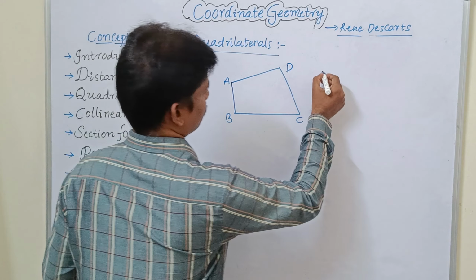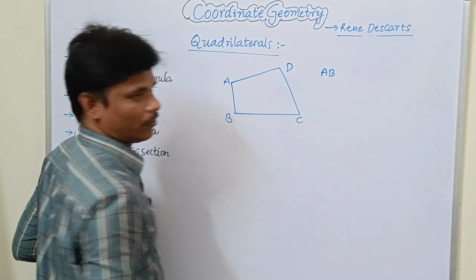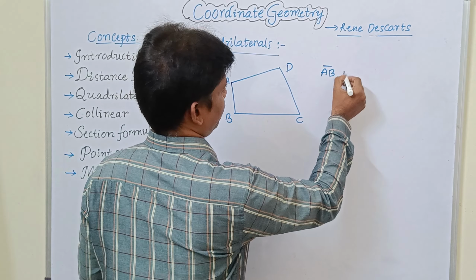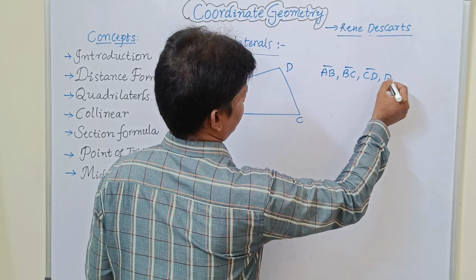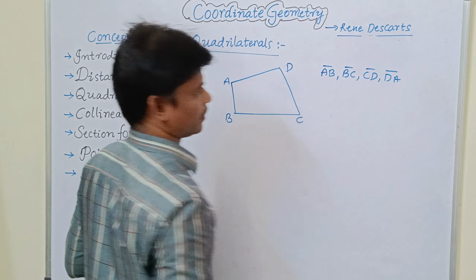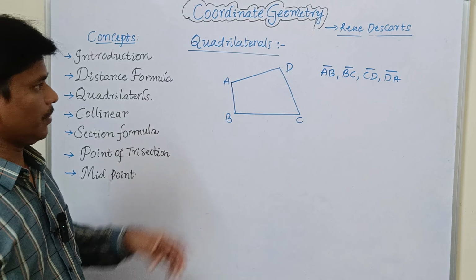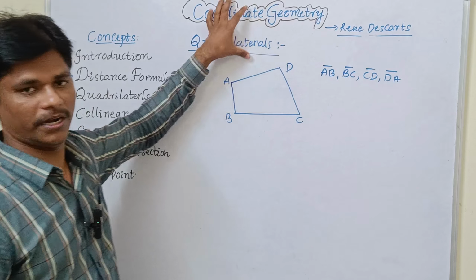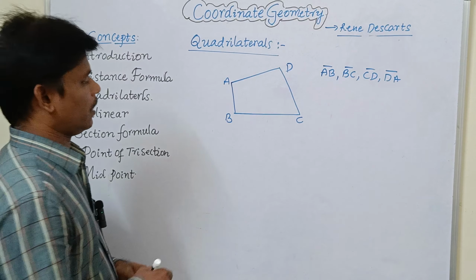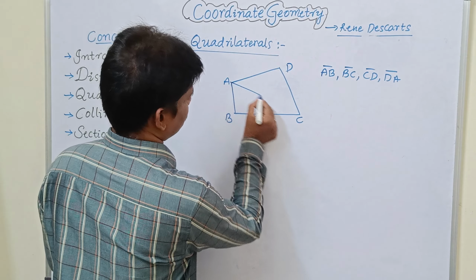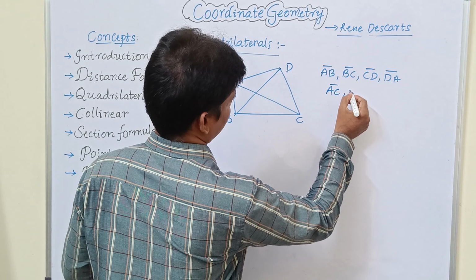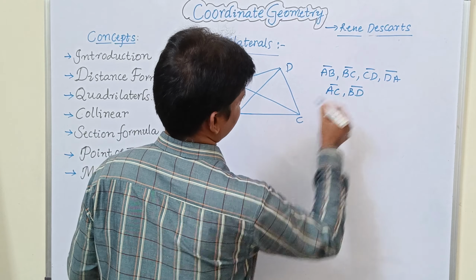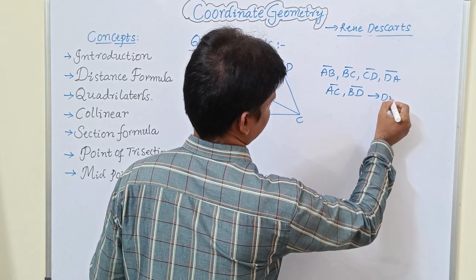AB is one line segment, BC is another line segment, CD is another line segment, and DA is another line segment. So it is a closed figure. By joining these four line segments, it is called a quadrilateral. Also two diagonals are there, AC and BD. These are the diagonals.